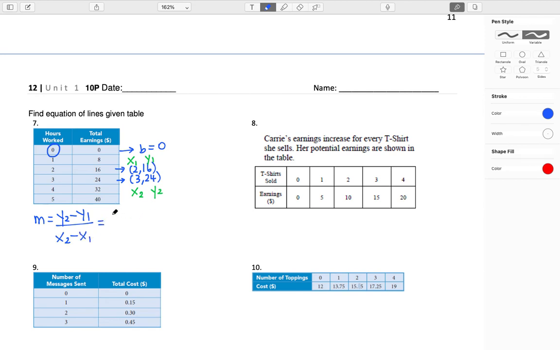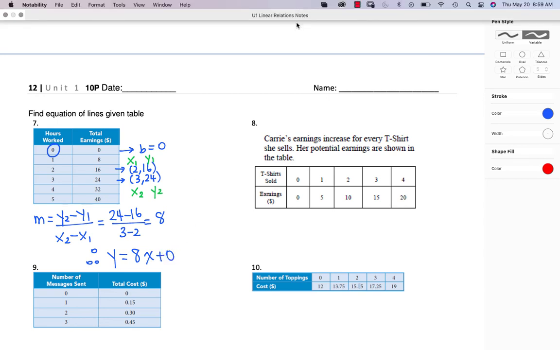So let's plug it in. 24 minus 16 over 3 minus 2. When you simplify, you're going to get 8. So now we know that y is equal to 8x plus 0.